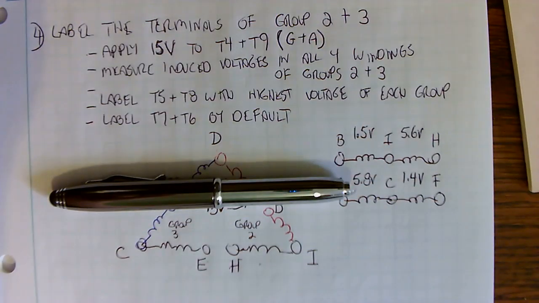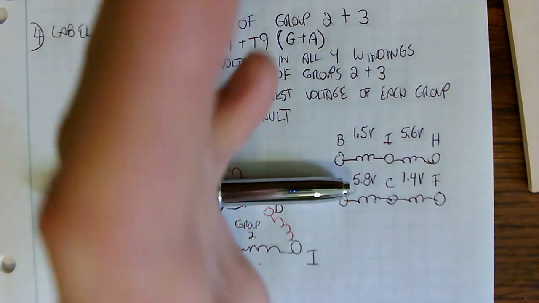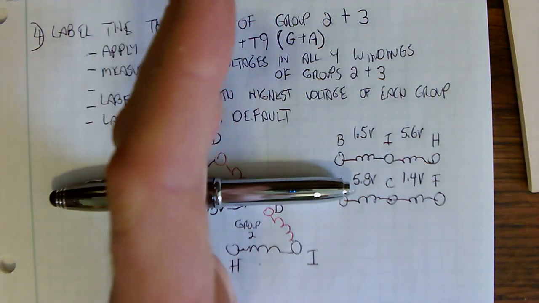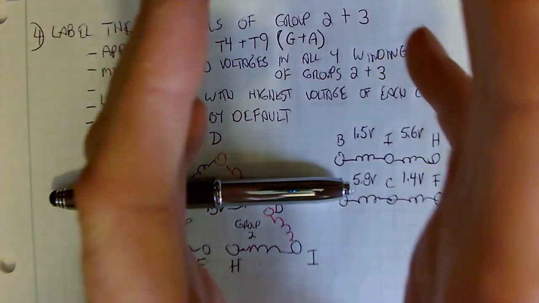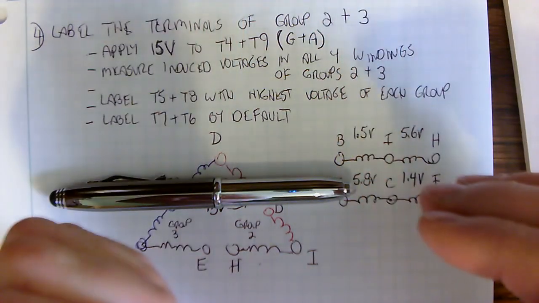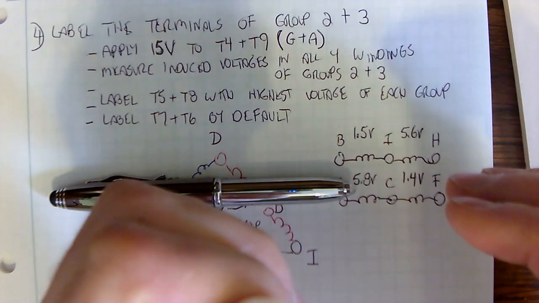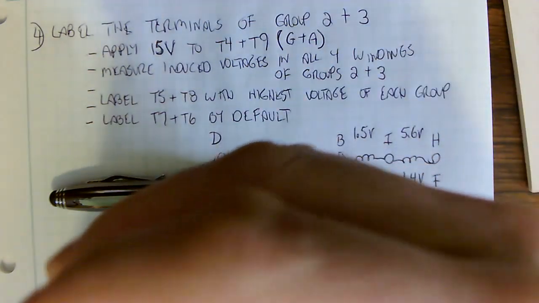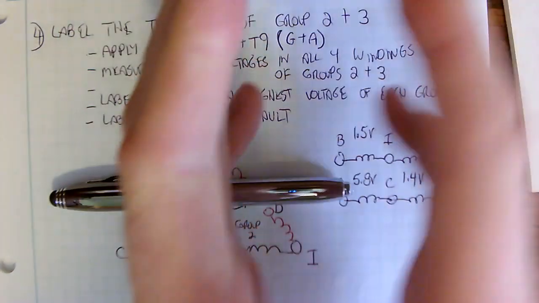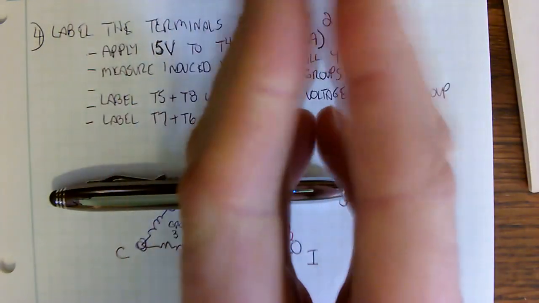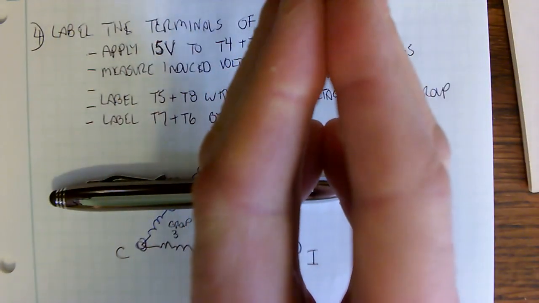Now we know in transformer theory that if we have a winding, and I'll just use my hand as boring as it is, as let's say my primary, and then I have a secondary. Now if you ever rip apart a transformer, usually the windings are over top each other, but sometimes those core made ones, they'll have a winding on one side and a winding on the other side, and they're always going to be parallel with each other because you get a better cut of magnetic flux from the conductors.